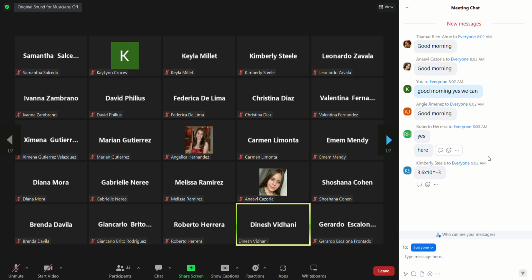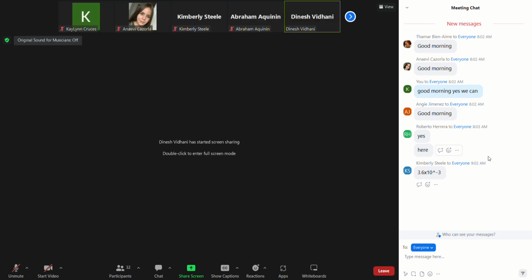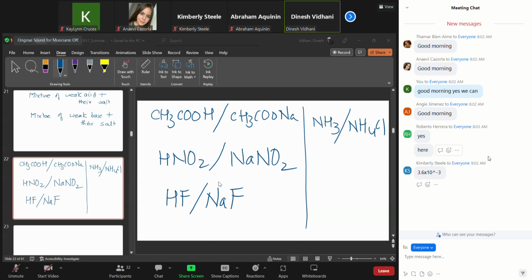So we were discussing the weak acid and its salt. These are all buffer solutions on the left. On the right side, we have ammonia and ammonium chloride. It's the weak base and its salt. It's a buffer solution, right?